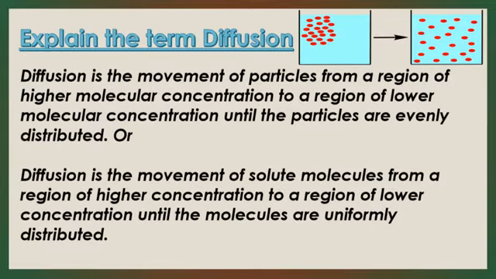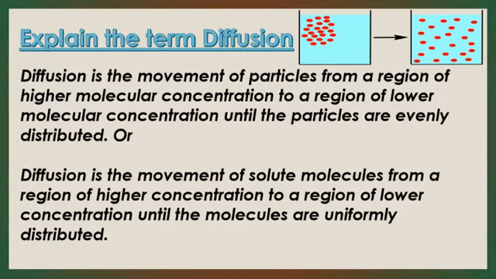Now, there are several ways of defining the term diffusion, but there are some key expressions that examiners or scientists expect in any definition about diffusion. So I have two definitions here.